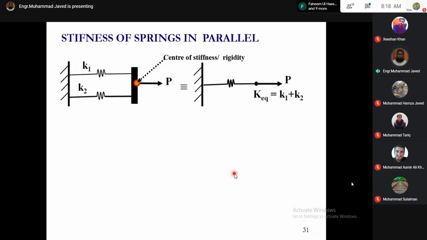Since structural members or even mechanical systems can be considered as composed of springs.